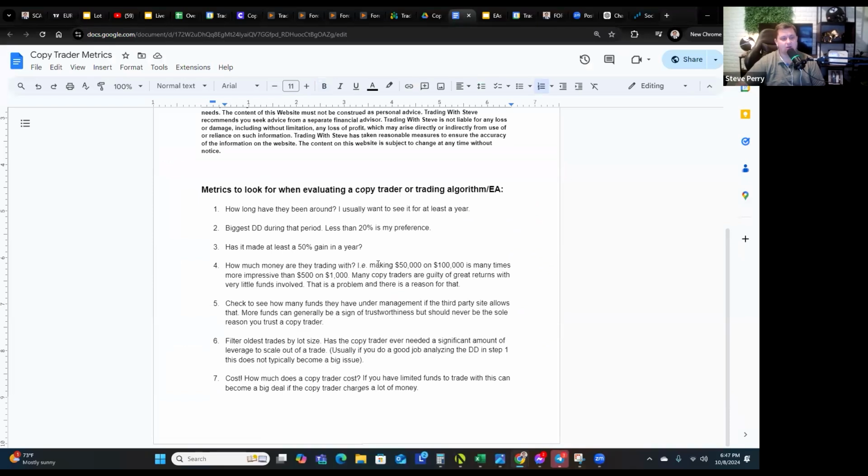One of the things that I look for is number two: biggest drawdown during the period less than 20% is my preference. I actually like to see drawdowns less than 10%. If you see an EA or a copy trader on signalstart.com or MQL5 and their drawdown gets over 20%, if it gets to 30, 40, 50%, why would you ever want to use that?